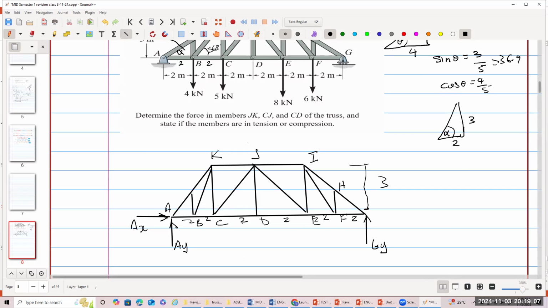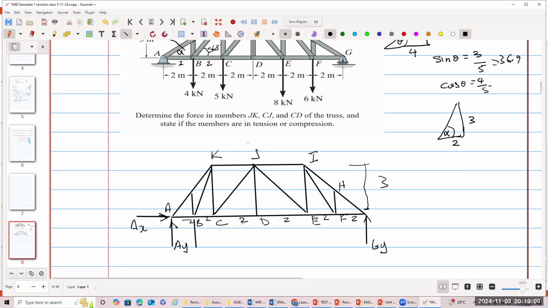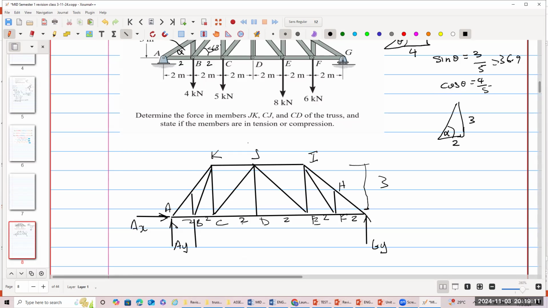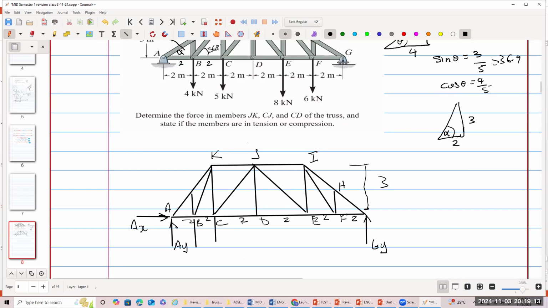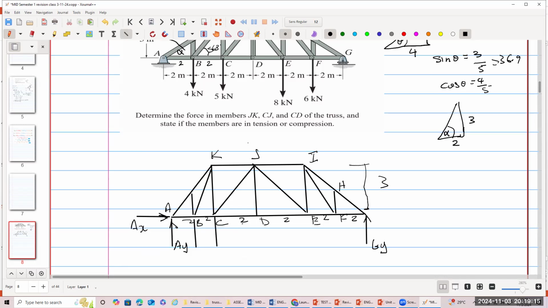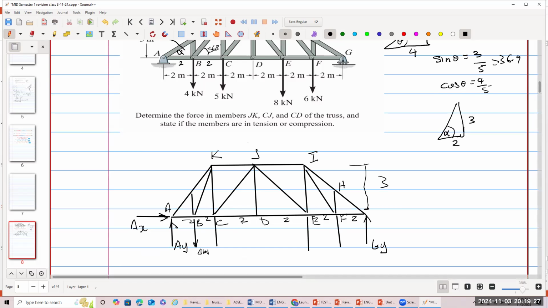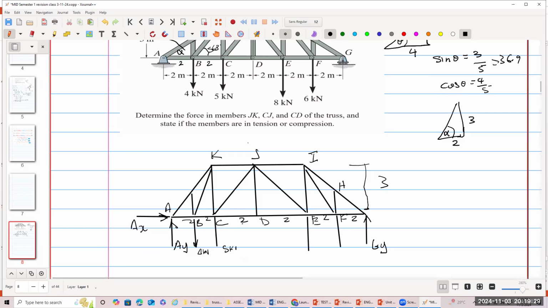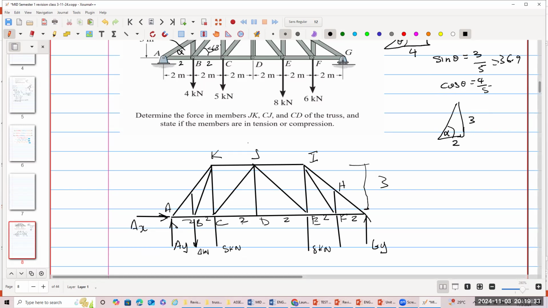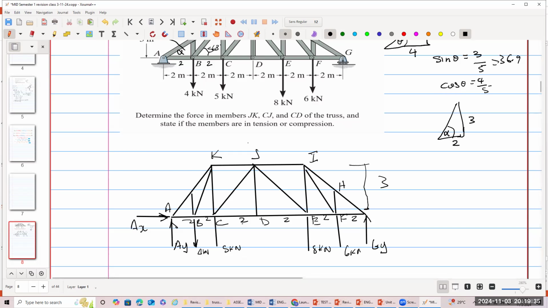You have one here, one here, one here, one here. Those are the forces you have. This is 4 kilonewtons, this one is 5 kilonewtons, this one is 8 kilonewtons, and this one is 6 kilonewtons.